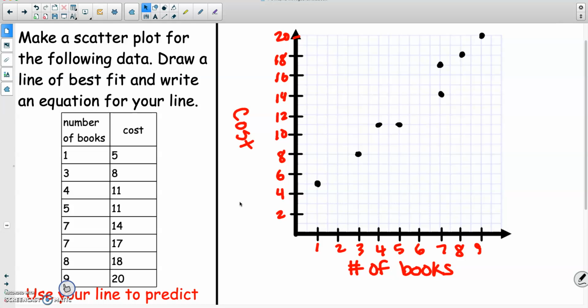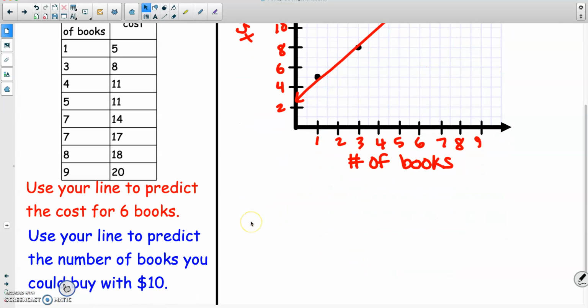Okay, now if I draw a line of best fit through this, so we'll go with that for my estimate. Now I need to answer a couple of questions.